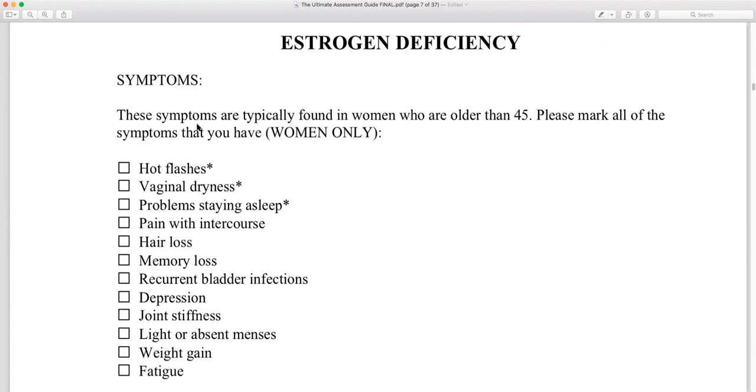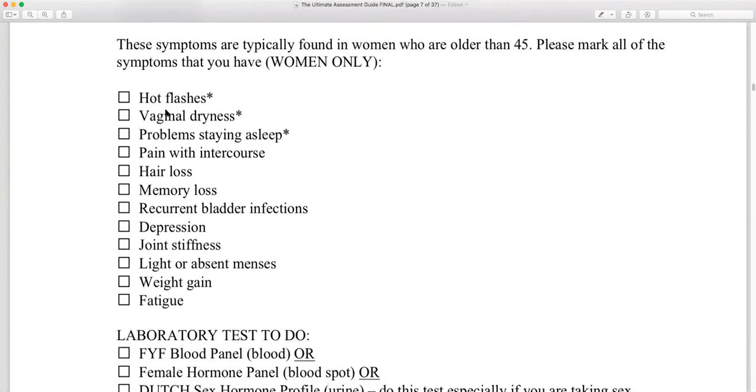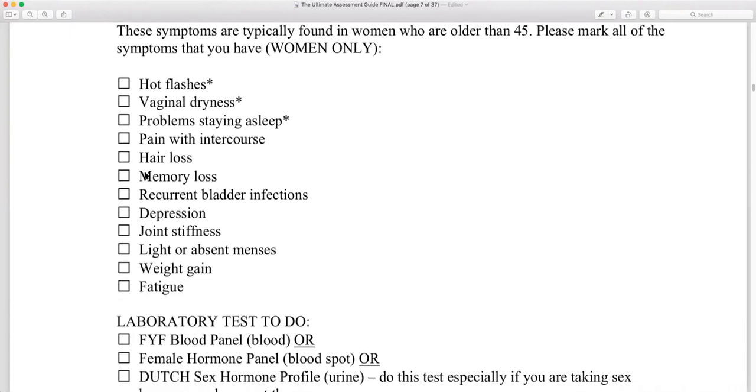So please mark all of the symptoms that you have. Hot flashes, and once again, the asterisk is indicative of the major symptoms that are associated with this deficiency. So hot flashes, vaginal dryness, problems staying asleep, pain with intercourse, and that's usually due to vaginal dryness, hair loss. If we're working on thyroid and people's hair loss is not improving, then we move on to working on estrogen deficiency.